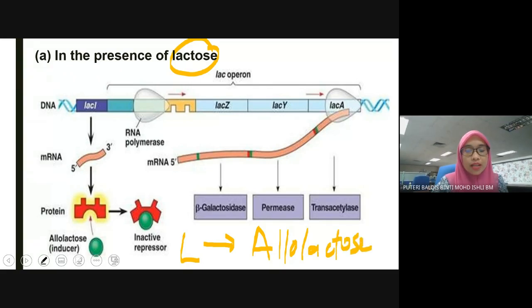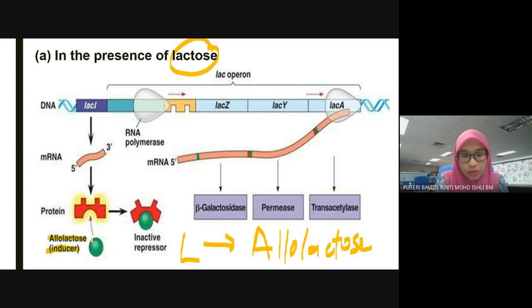This allolactose acts as an inducer. Yang color hijau ni adalah allolactose.